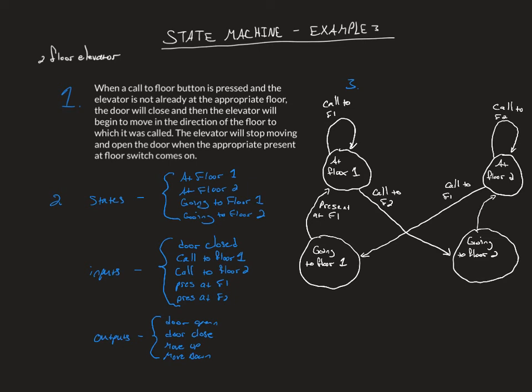Someone walks up when the elevator is at floor 1, they get in, and they press go to floor 2, or call to floor 2 is the correct terminology. Then the elevator is going to move up until present at F2 comes on, at which time the state machine transitions from going to floor 2 to being at floor 2.